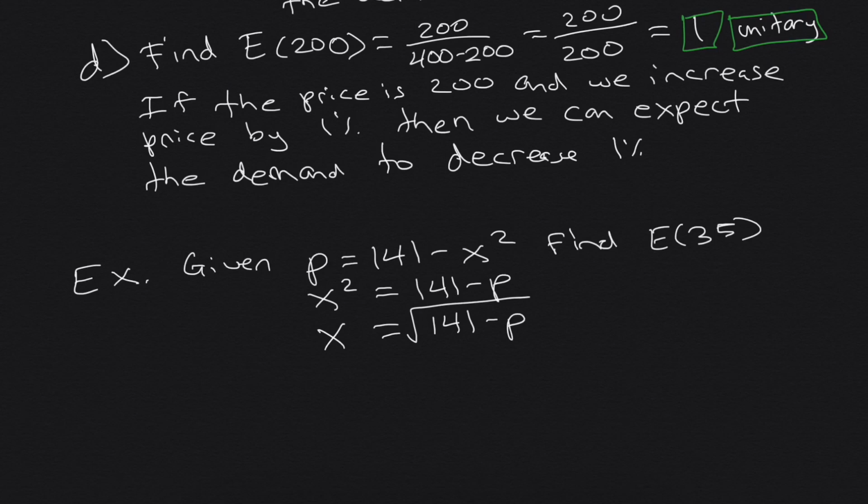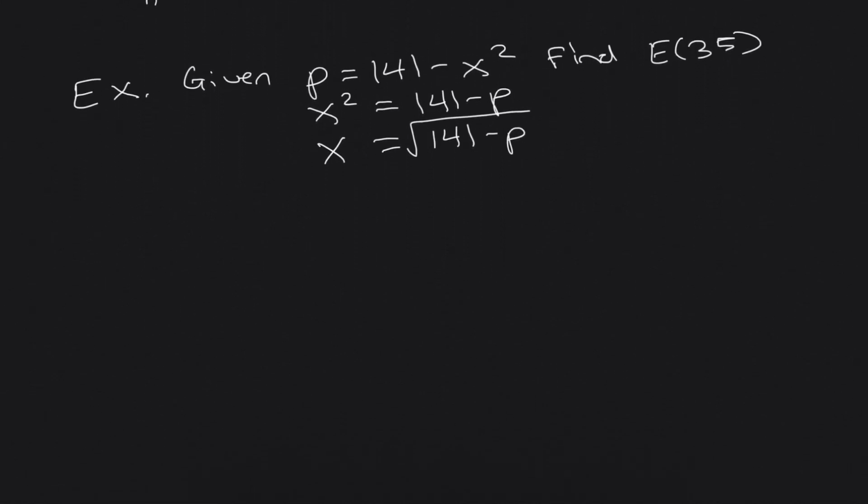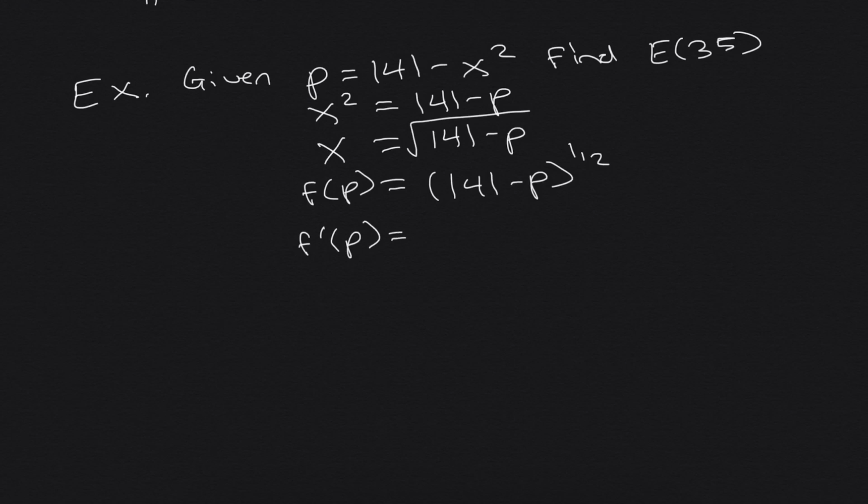Not surprisingly, I'm not a big fan of how that's written. I will go ahead and remind us that if you have X now, that really just stands for f of P. And I'm going to change that as well in this same step. I don't like those square roots. I'll change that to a 1/2 power because I personally think that makes it easier to find the derivative.